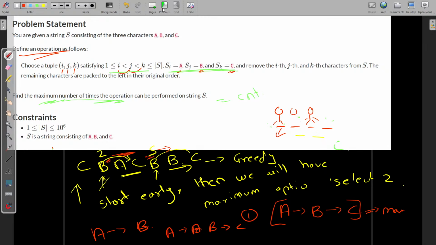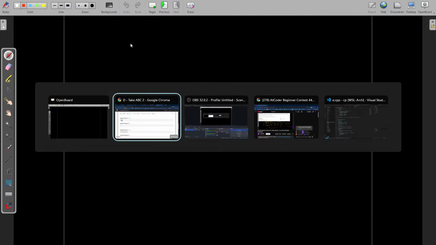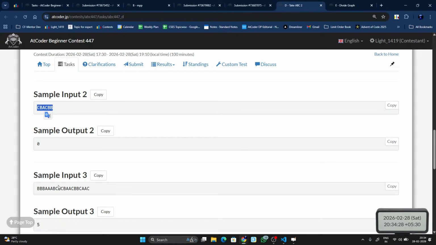Next, create one more page and take another test case to dry run.